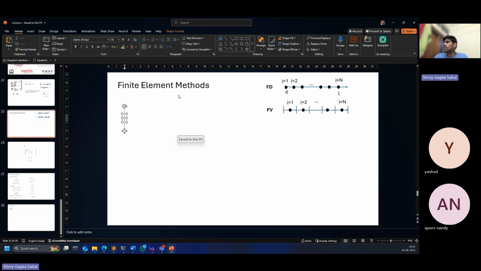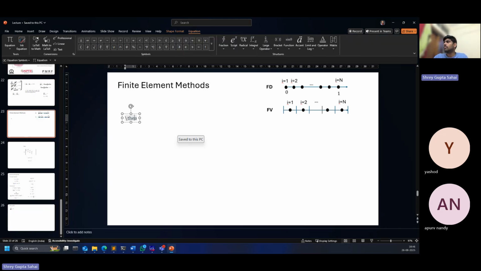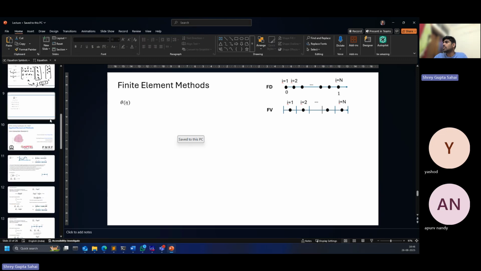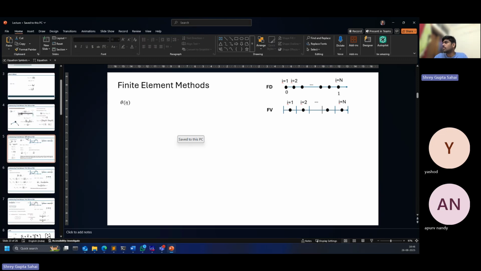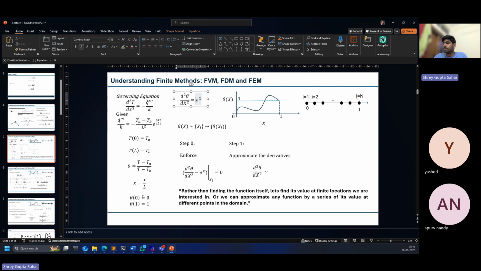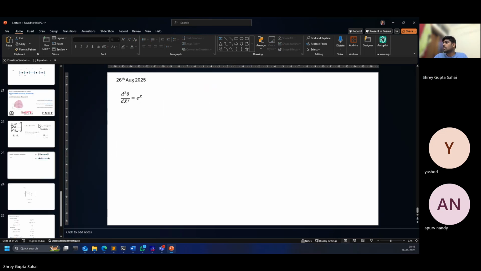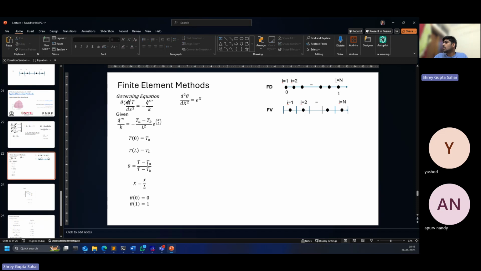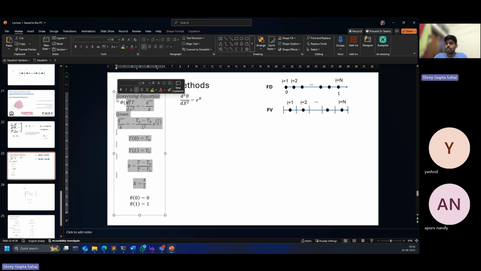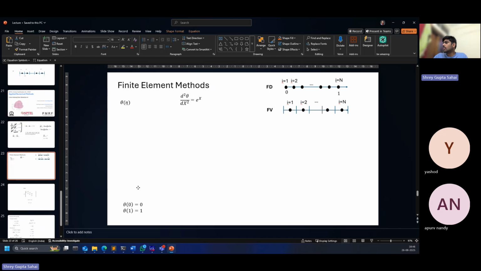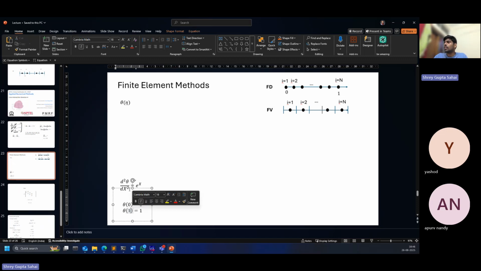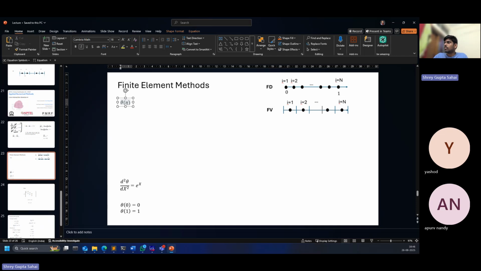So let's say there was some theta true, theta of x, which we wanted to approximate, and it satisfied this governing equation and boundary condition. These were the governing equations we had. We want to approximate theta. We do not have any other way to find out theta of x.